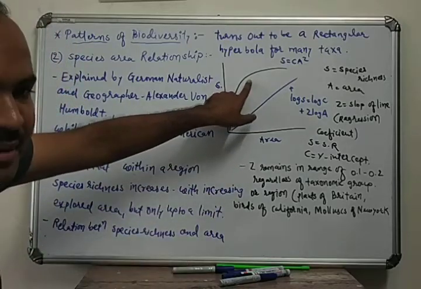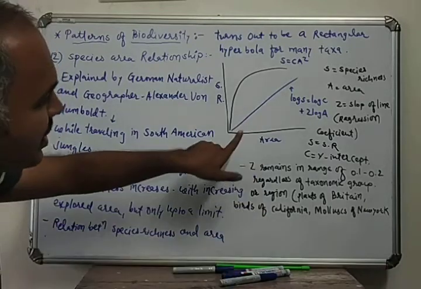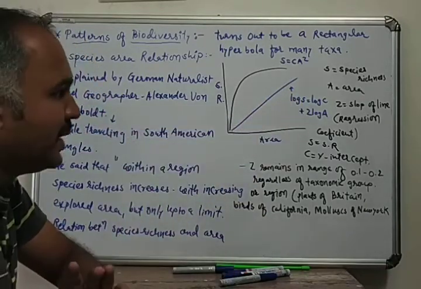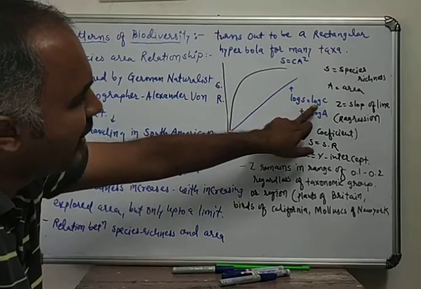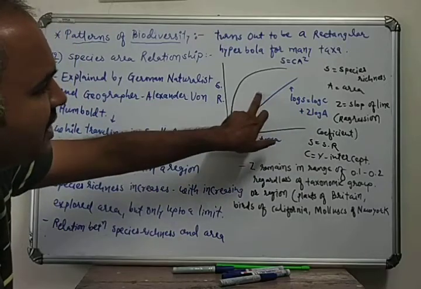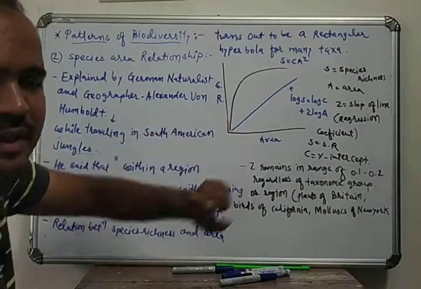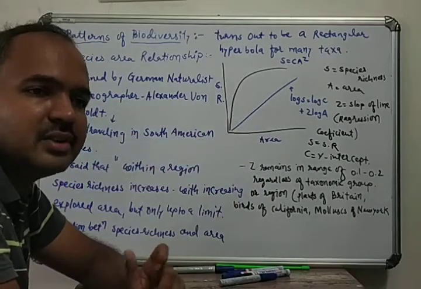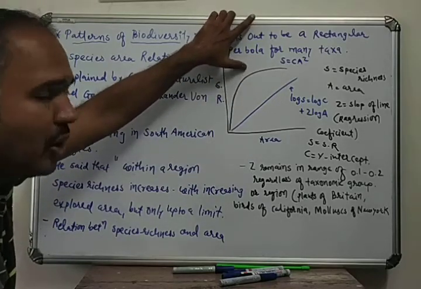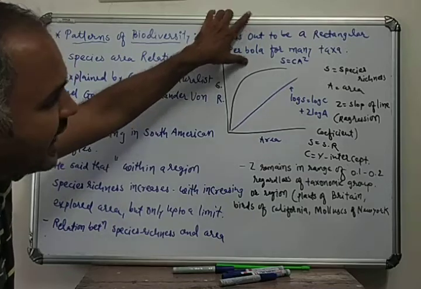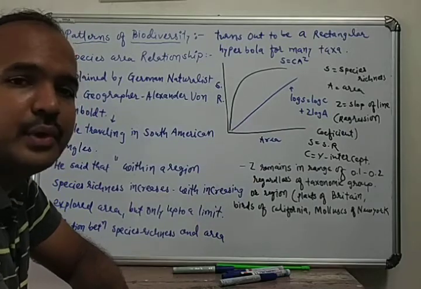If we draw the same graph on a log scale, then this type of graph will be obtained, and the equation of this graph is log S is equal to log C plus Z log A. This is the same graph which has been drawn using log scale.